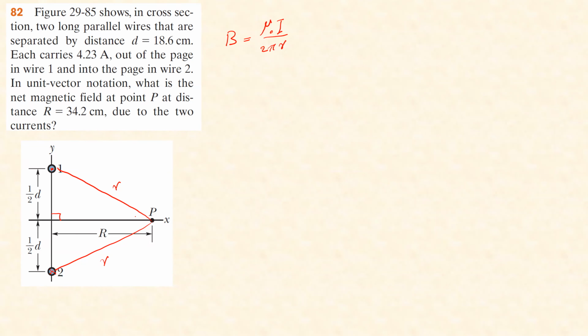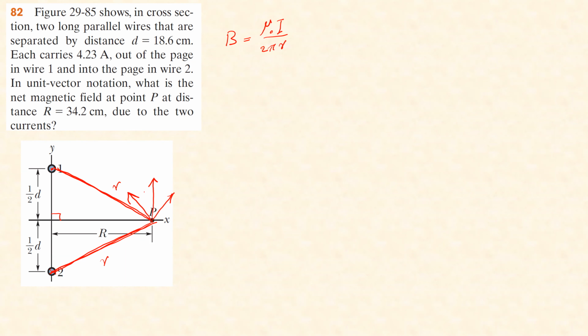So it will be like that, and is going counterclockwise from the right-hand rule. And the magnetic field of this one, 2, will be perpendicular to this direction, which is this way. So the x components cancel out, the y components add up.